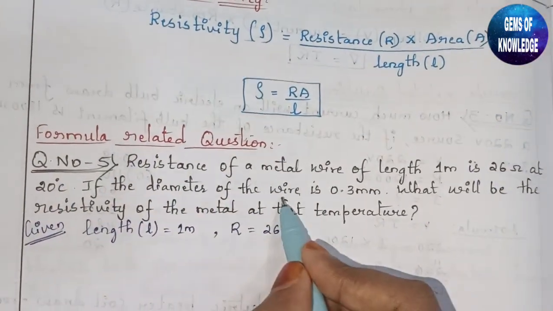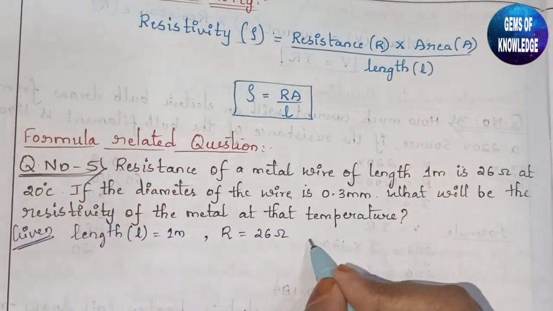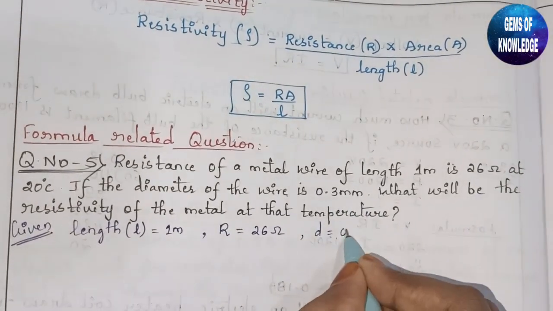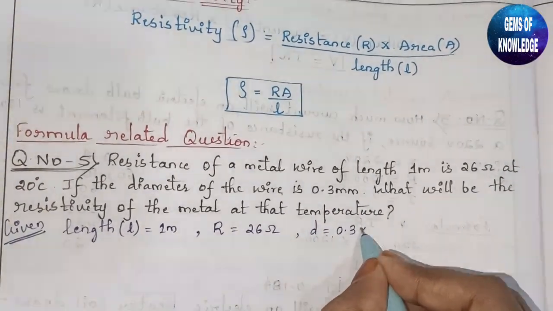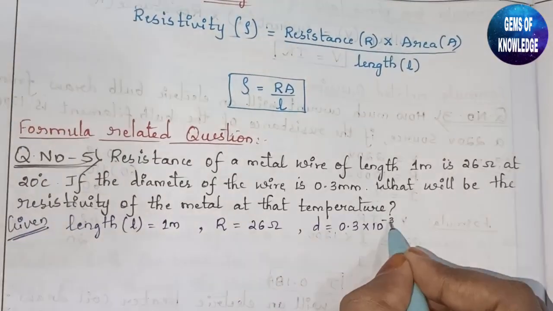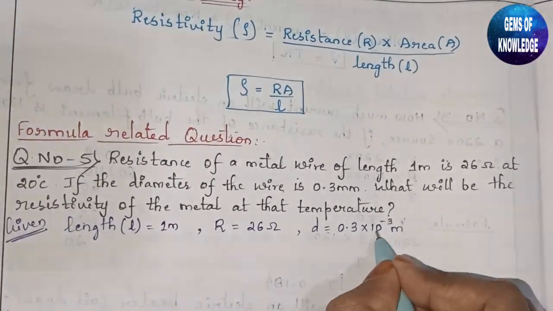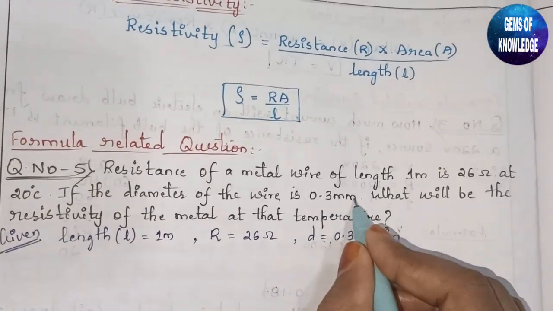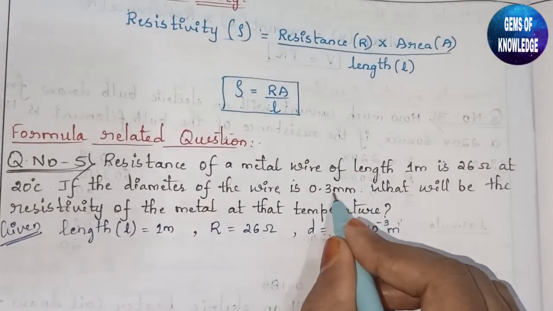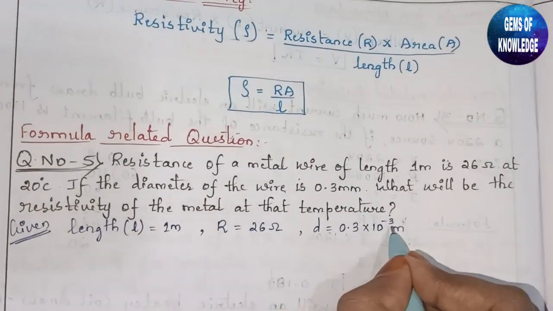If the diameter of the wire is 0.3 mm, so the diameter of the wire is 0.3 into 10 to the power of minus 3 meter, since this is millimeter.